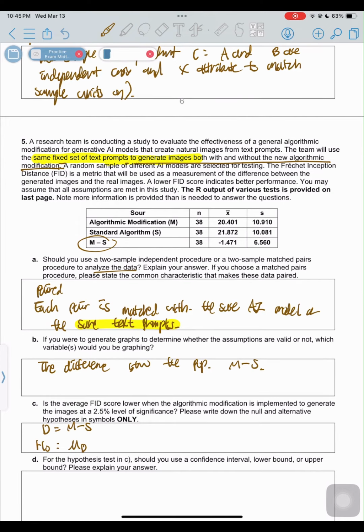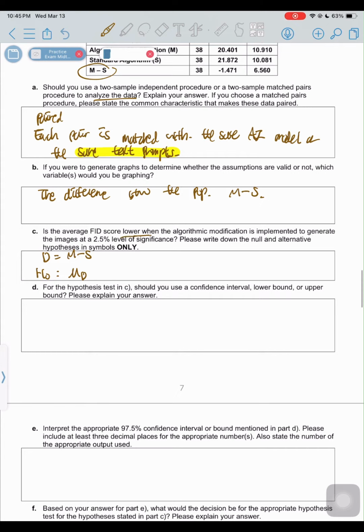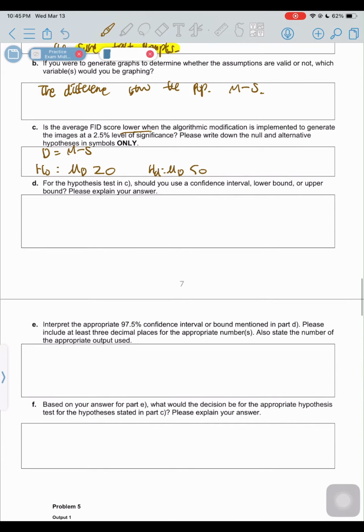Oh, lower, I see. So H0 would be mu D greater than or equal to 0, because we're interested in whether the mean difference is lower. So HA, the alternative, is mu D less than 0. That's your null and alternative hypothesis.